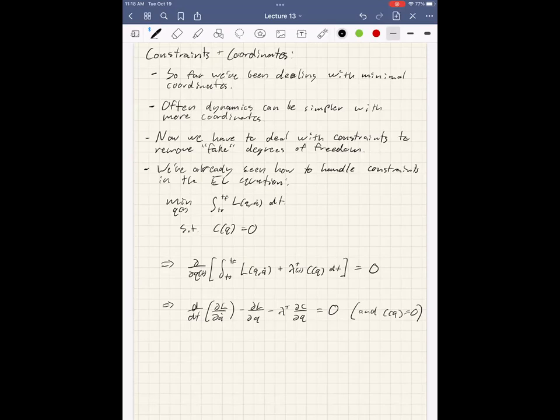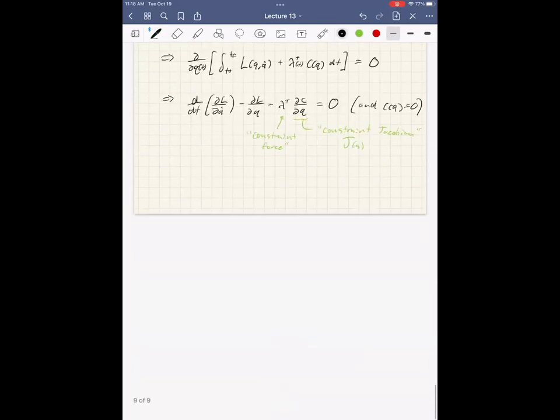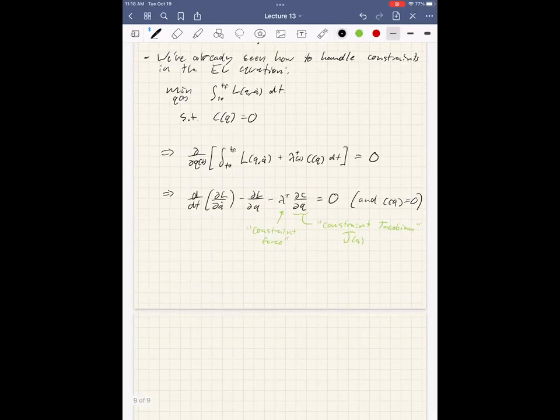So usually what we say here is this thing is our constraint force, and this guy is our constraint Jacobian. Usually write this J of Q in robotics settings. And so putting this all together in the manipulator equation, you get stuff that looks like this.